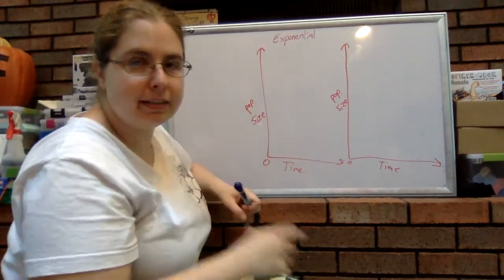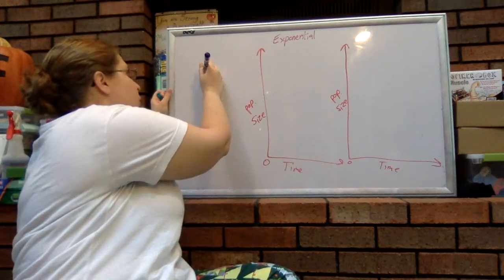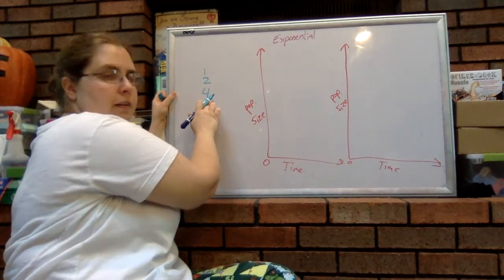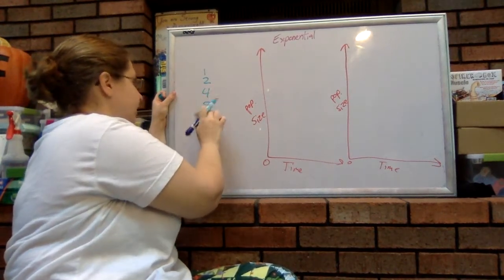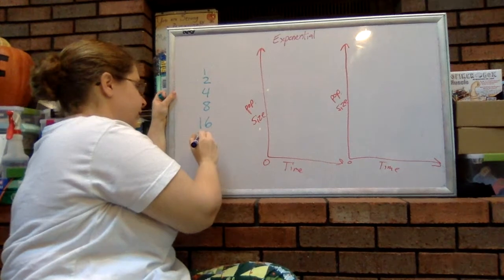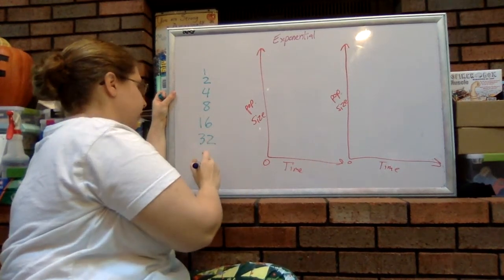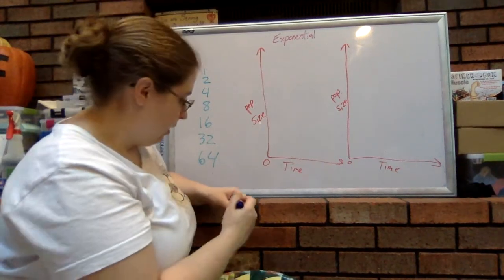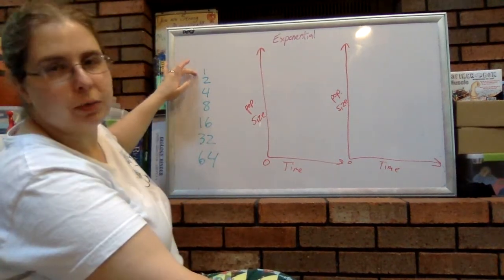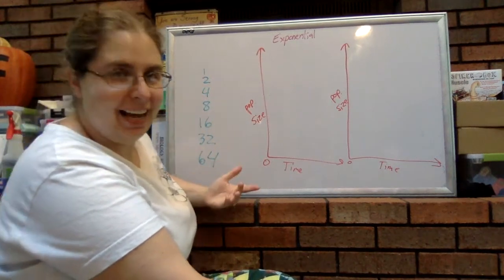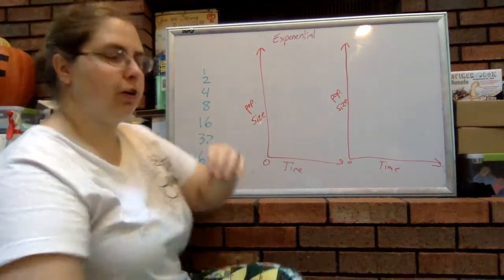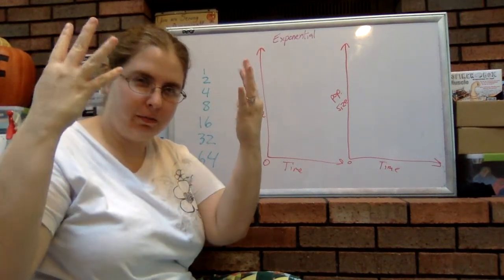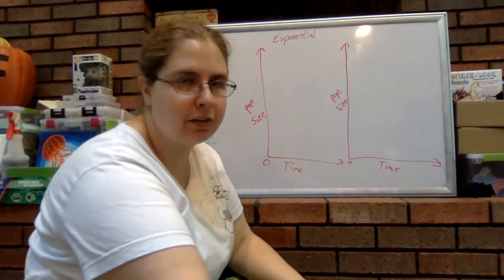What I mean by doubling, 1 becomes 2, 2 becomes 4, 4 becomes 8, 8 becomes 16, 16 becomes 32, 32 becomes 64. So essentially what you do is you multiply each number by 2, not add 2. Because you're saying you start off with 1, divides, become 2. These 2 divide, become 4, then 8, 16, etc.